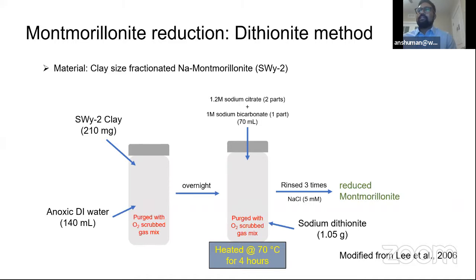Meanwhile, we add sodium dithionite, which is the reducing agent here. It's a chemical reductant. After 4 hours, we see a significant change in color. After that, we rinse it 3 times with sodium chloride to get rid of extra citrate or bicarbonate ions.